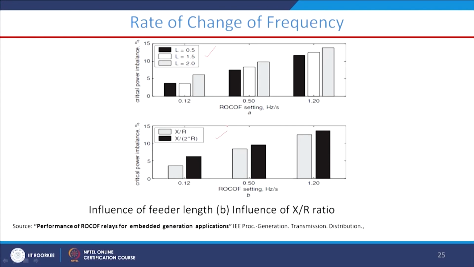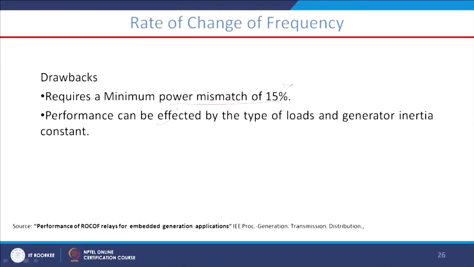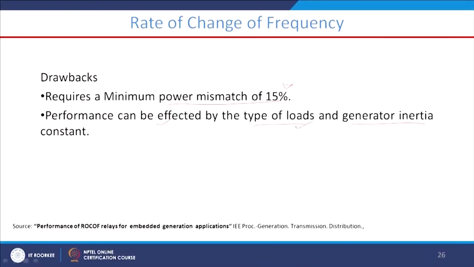If you vary those parameters, this technique is also affected. Now, the drawback I have already discussed: it requires a minimum power mismatch. Below 15% power mismatch, ROCOF, rate of change of frequency, does not work. That is one disadvantage. Second, the performance can be affected by the type of loads and generator inertia constant.